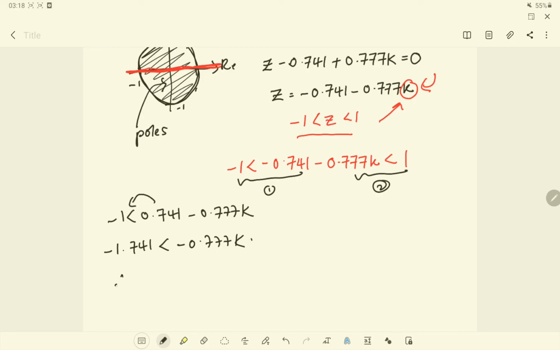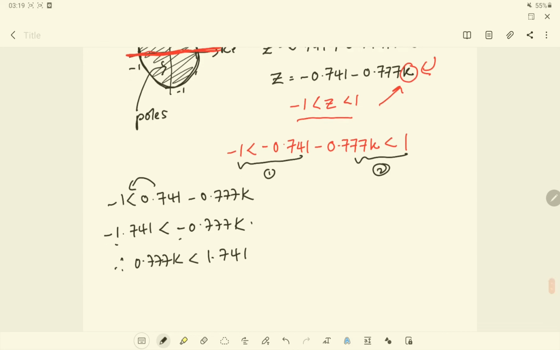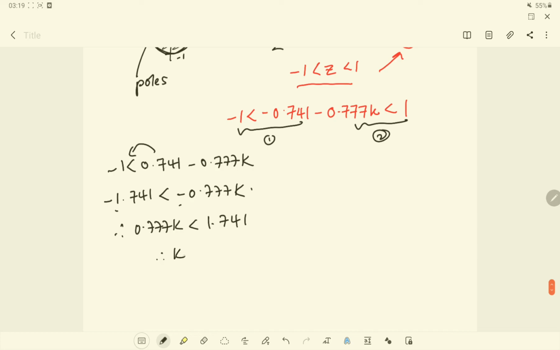So we just change the locations of K to left and right. So you get 0.777K less than 1.741. It's negative and negative. So therefore K is less than 2.24. This is condition number 1.